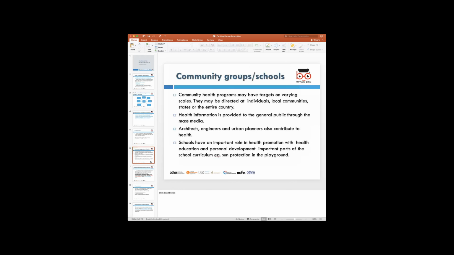When we look at, for example, community groups and schools, the target is that when some of these programs are rolled out, they are directed at some individuals or types of individuals. And here, the whole umbrella of promotion focuses on raising awareness about the benefits of leading a healthy lifestyle, the benefits of eating a balanced diet, the benefits of being fit.